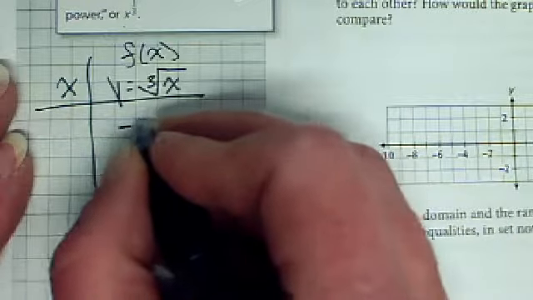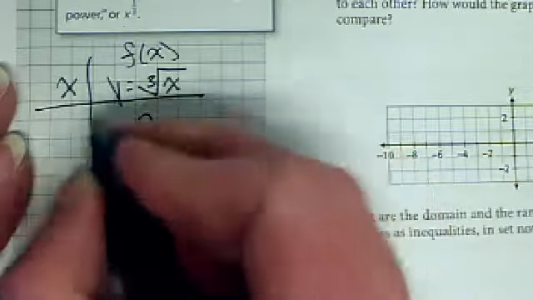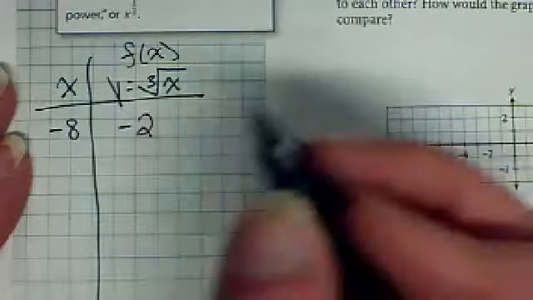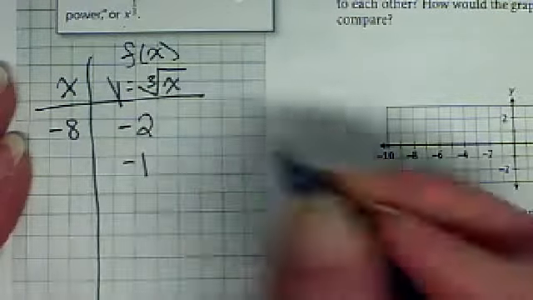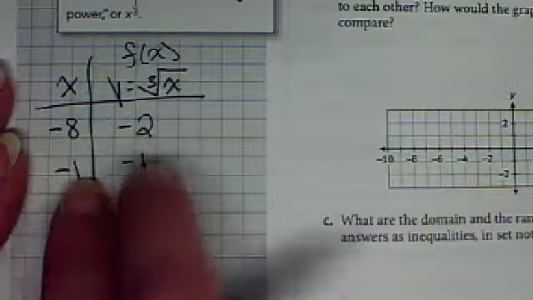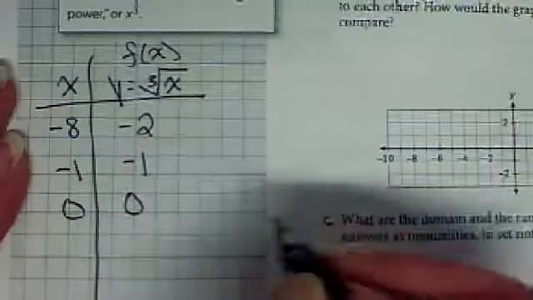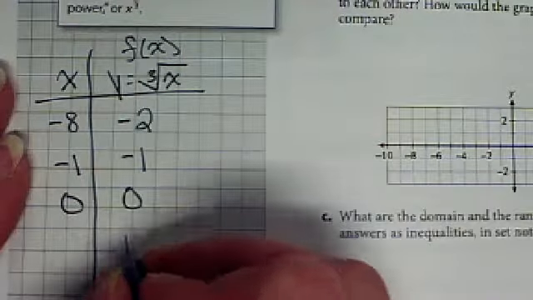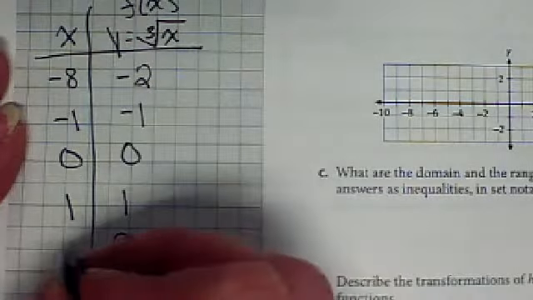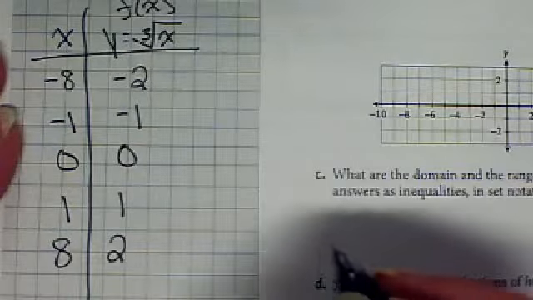If I took -2 and cubed it, I'd get a -8. So the cube root of -8 is -2. -1 cubed is -1. The cube root of -1 is -1. 0 cubed is 0. That's an easy one. 1 cubed is 1. And +2 cubed is 8.